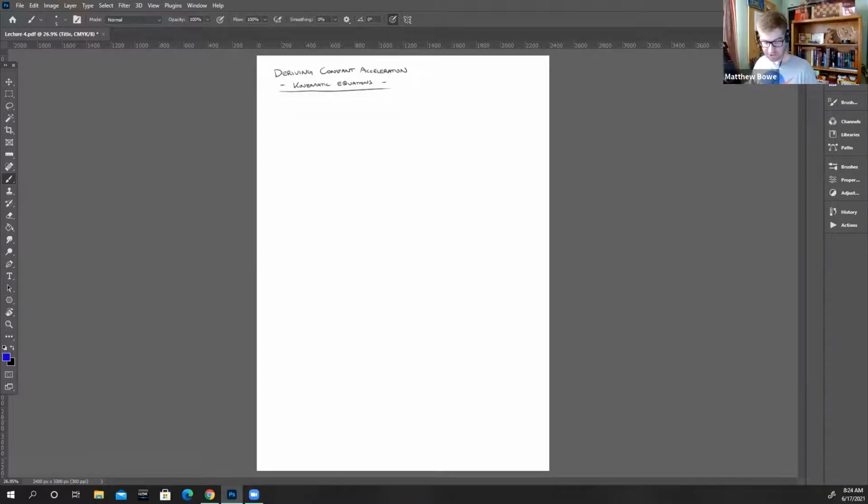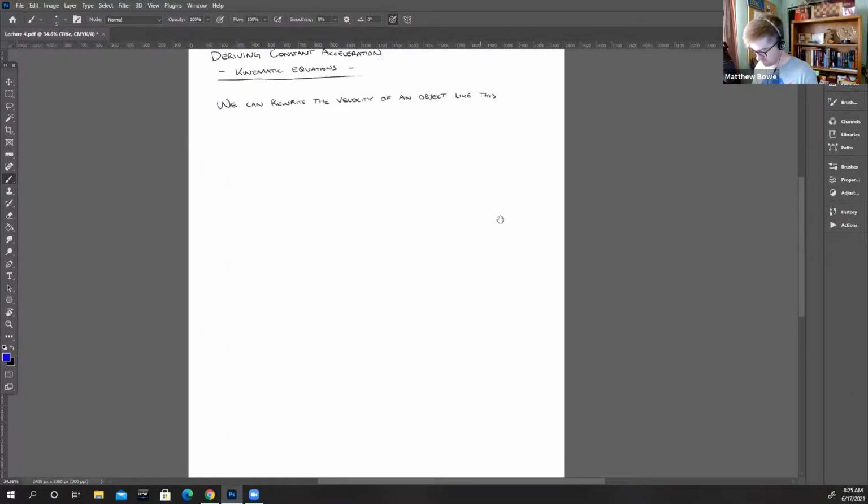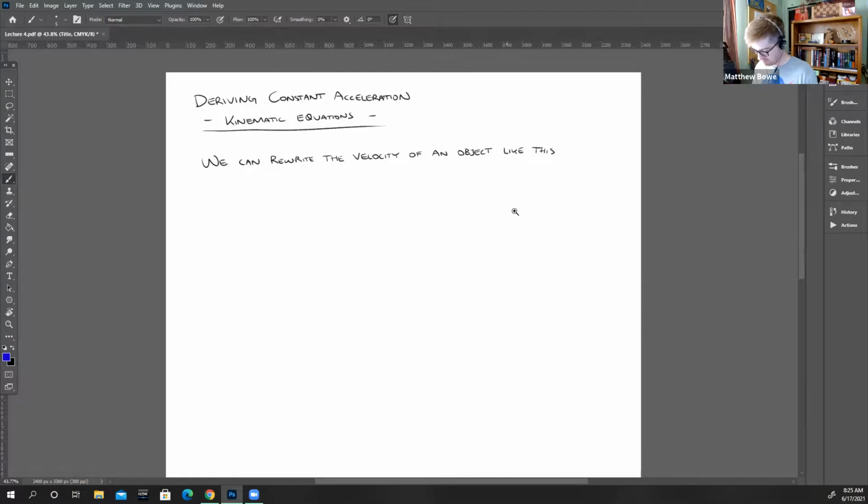constant acceleration kinematic equations. Since I just talked about the instantaneous acceleration being the average acceleration, I could rewrite that thing I just put down earlier with that equation. We can rewrite the velocity of an object.